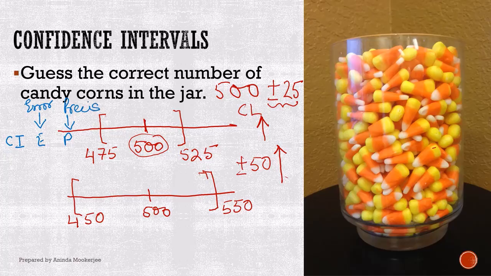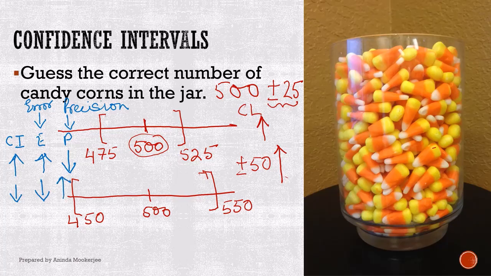Precision means accuracy. So when the confidence interval is increased, the margin of error increases, but the precision falls. When the confidence interval is decreased, the margin of error is also decreased, but the precision goes up.